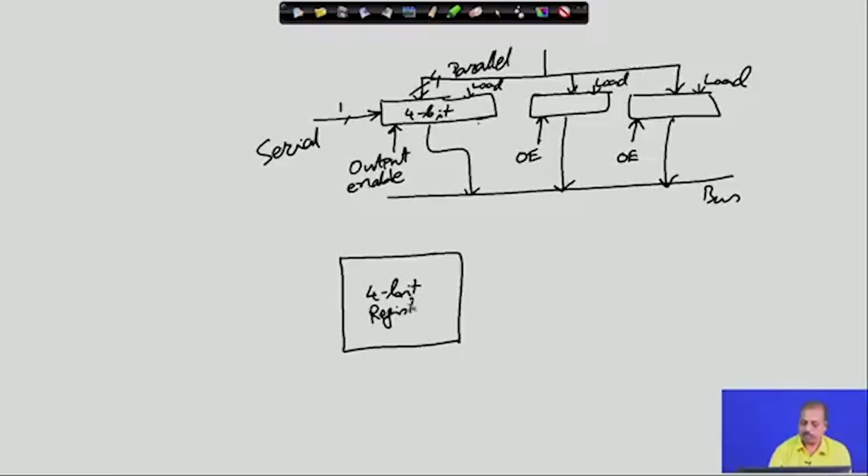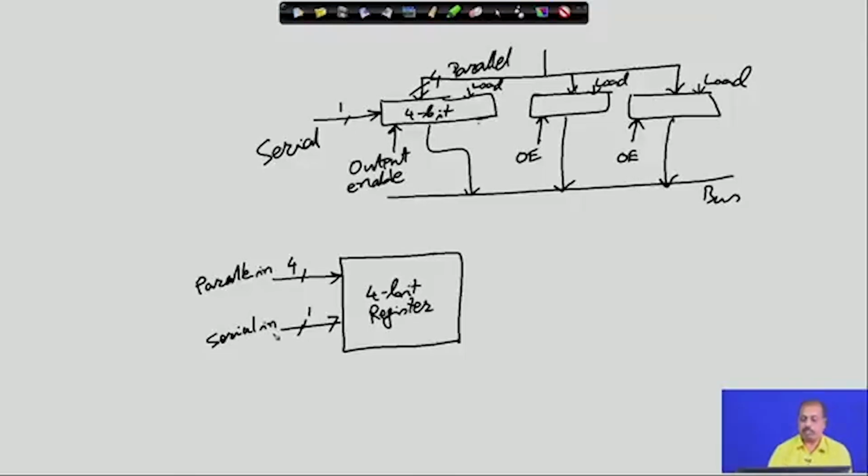If it is a 4 bit register, then I should have the facility to parallelly load the line. So, this is 4 bit parallel data, parallel input, or I can have 1 bit serial input.